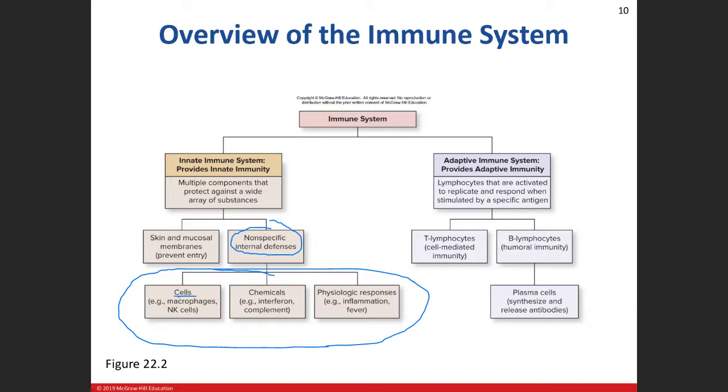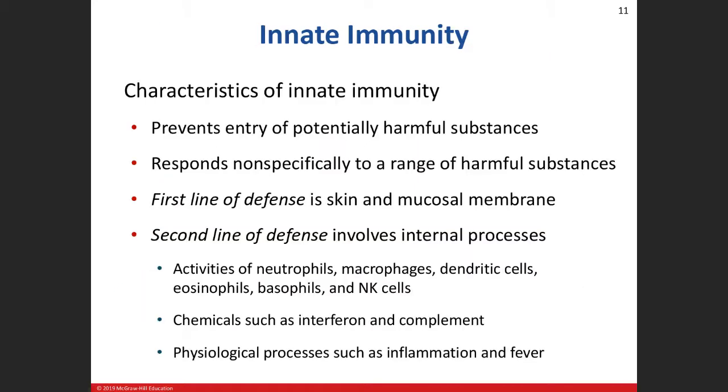The innate immune system is a non-specific but immediate form of defense. But when we get to the adaptive, that is specific. It takes a little bit longer. You've got to build up an immunity to something. So we're going to talk about all that fun stuff today.